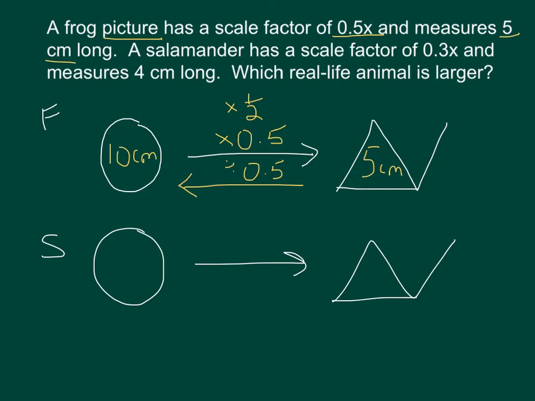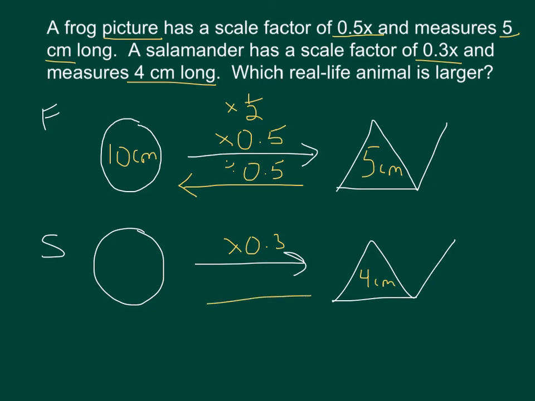Now it's the salamander. A salamander has a scale factor, and of course this is the picture again, of 0.3x, and it measures 4 centimeters long. So the scale factor is times 0.3, and then it measures 4 centimeters long.